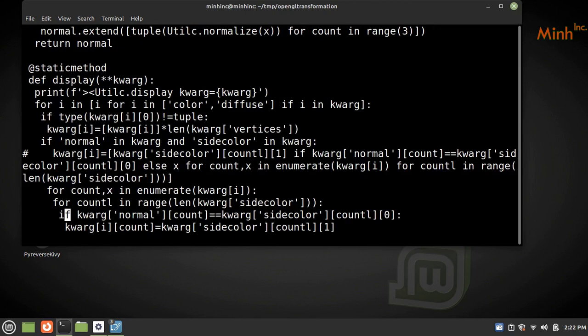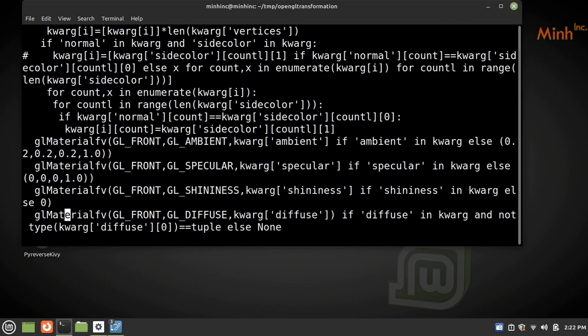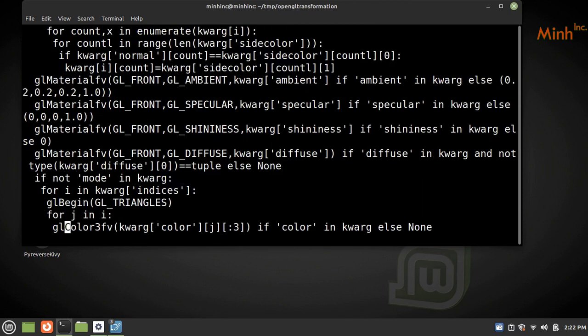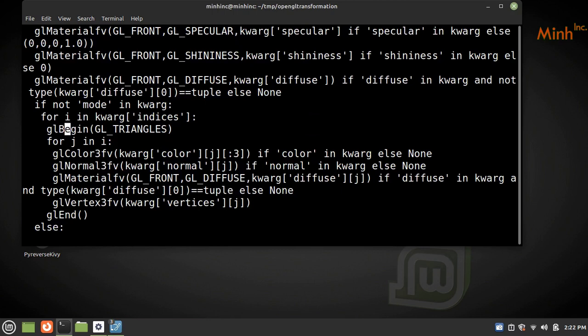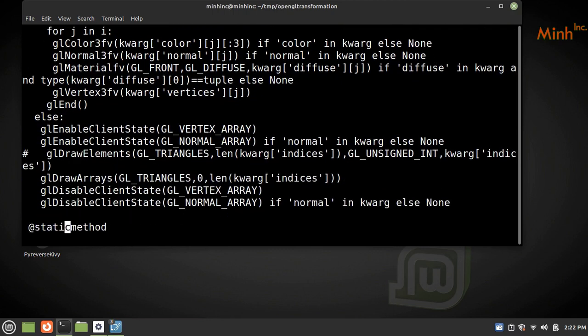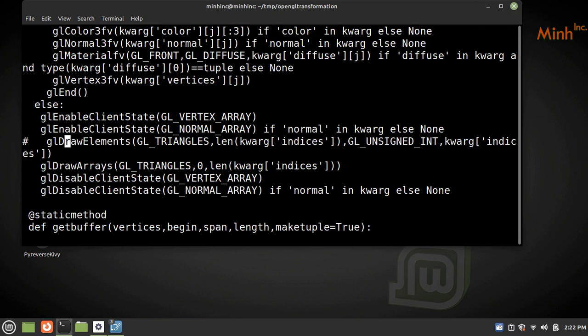So display would actually call the display, and display is in 2 modes. In 1 mode we go for the traditional GL begin, and in the other mode we go for the draw array.